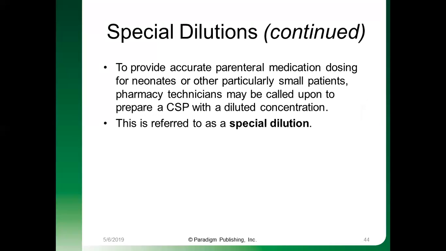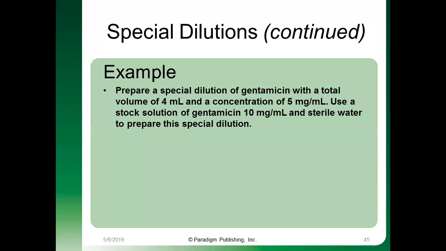This is referred to as special dilutions. So again, you are taking the adult dose concentration and reducing it to meet the strength of a pediatric dose. That's why they're called special dilutions.